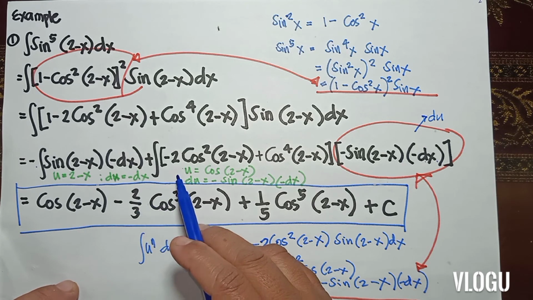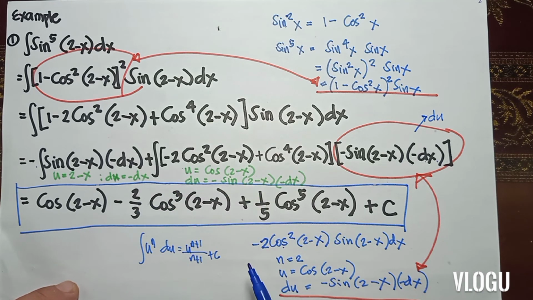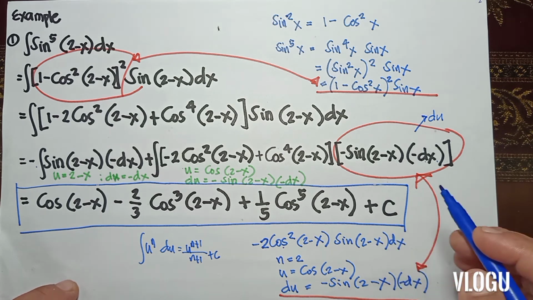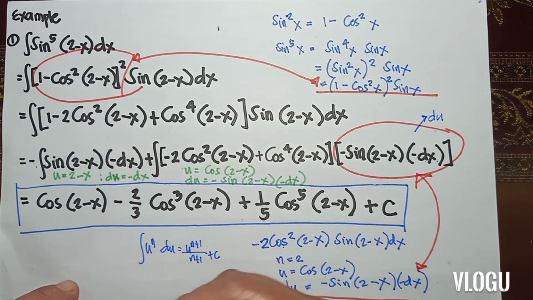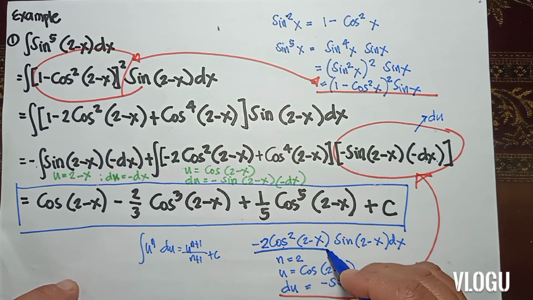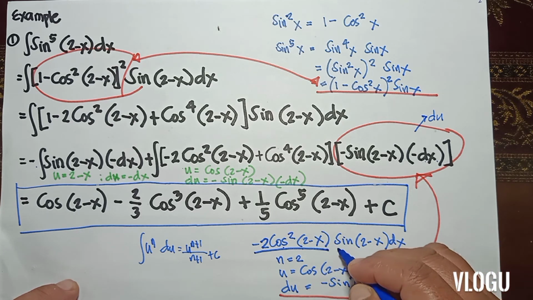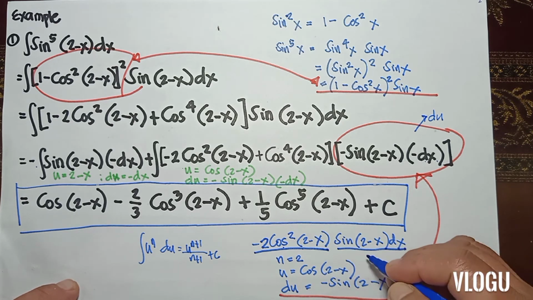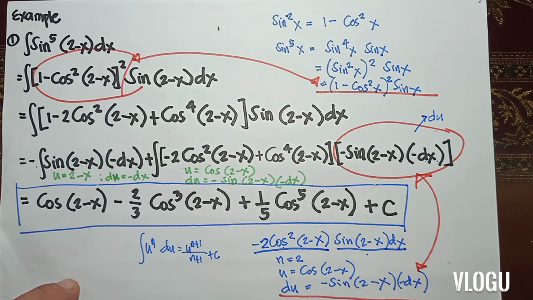That's the reason you now have a complete u to the n, du. This is your u to the n, and this is our du.